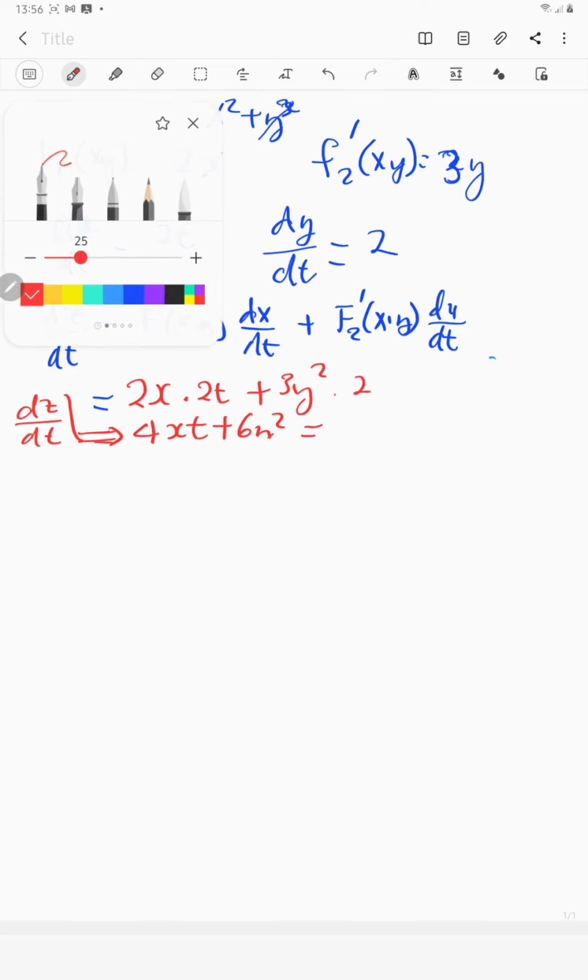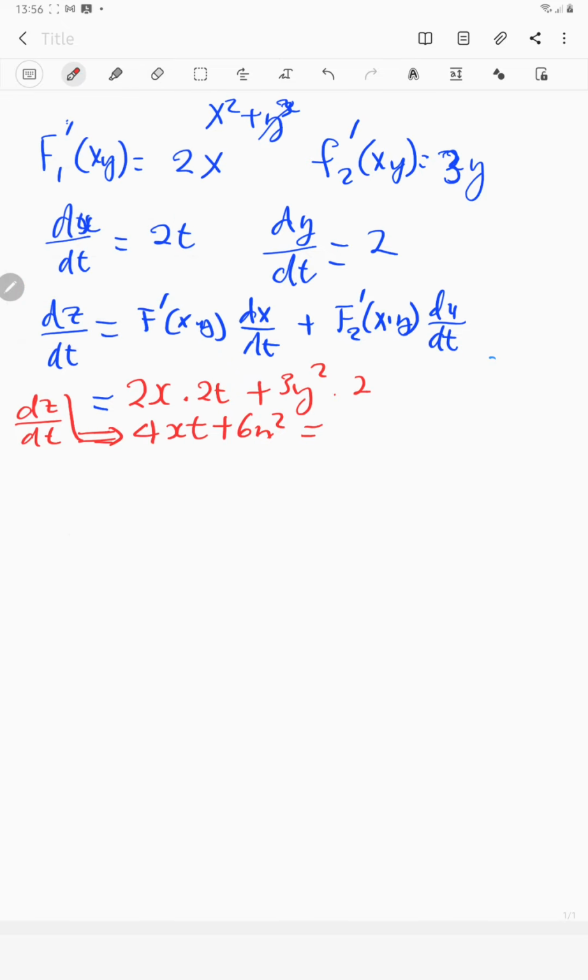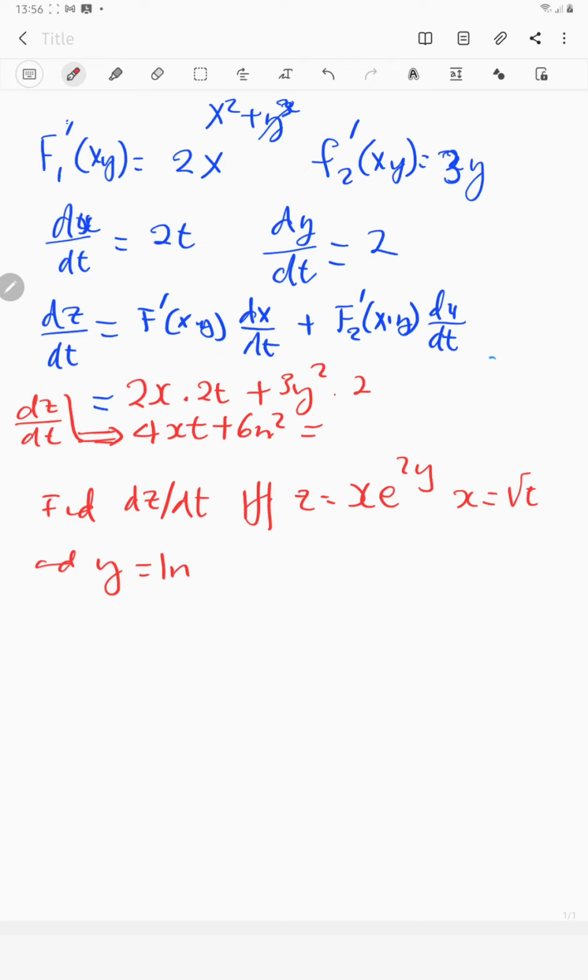On the other part, we have another statement which says find dz/dt if z is equal to x e to the y, and x is equal to root of t and at the same time y is equal to natural log of t. Taking F1'(x, y), the answer is e to the y, because I'm only differentiating with respect to x.